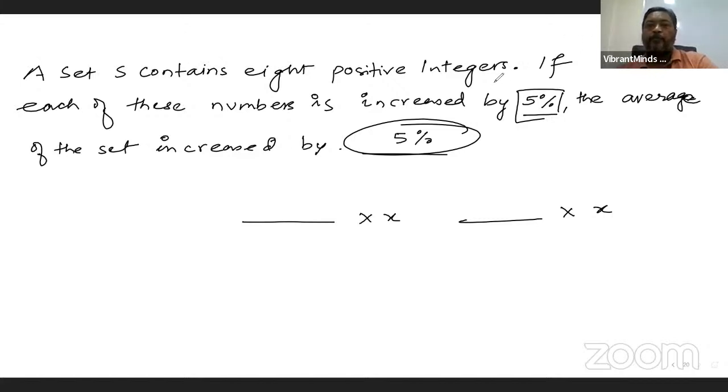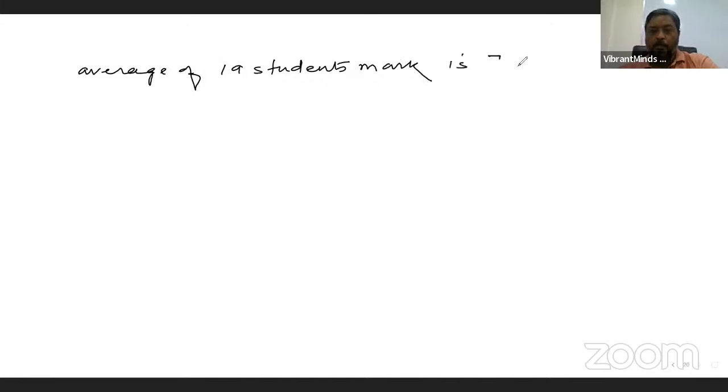Now let's see. I will give you another example, a beautiful example. Let's say the average of 19 students' marks is 75.